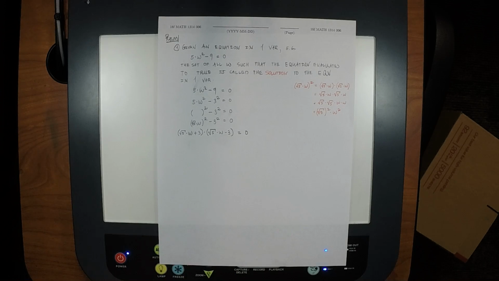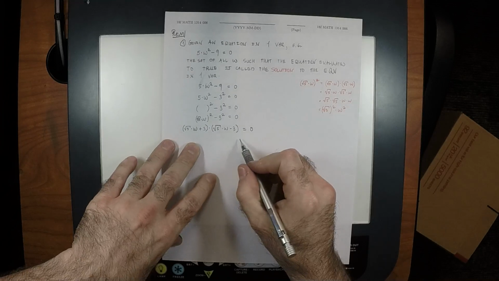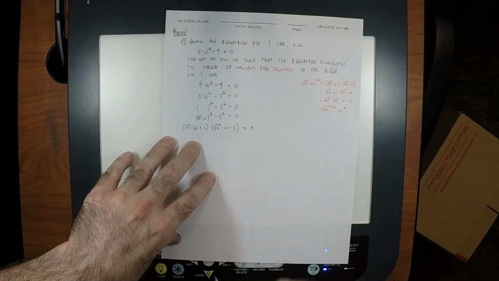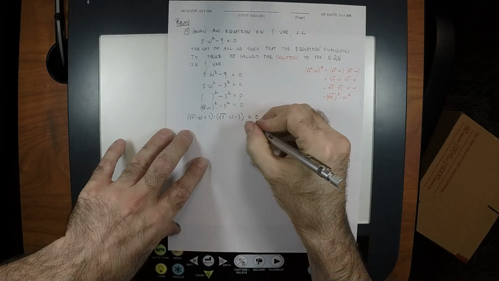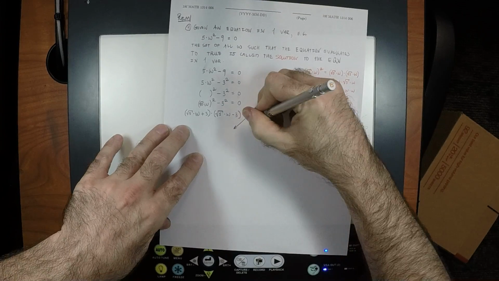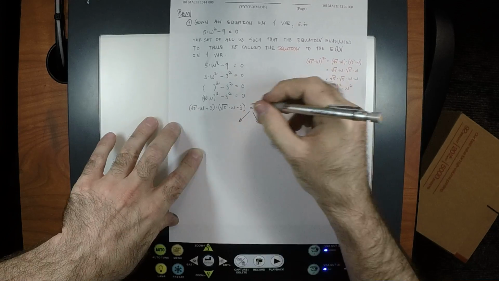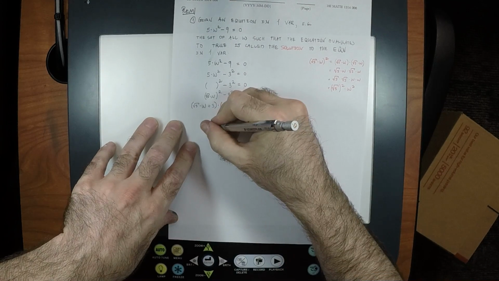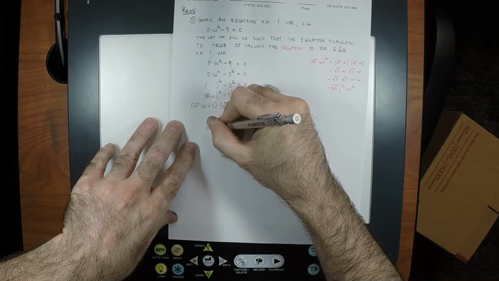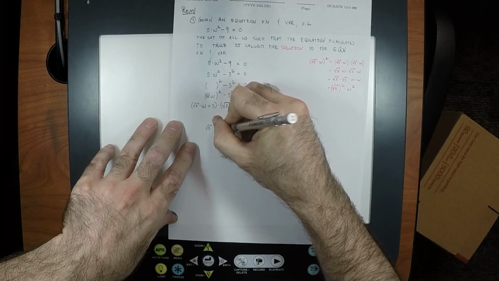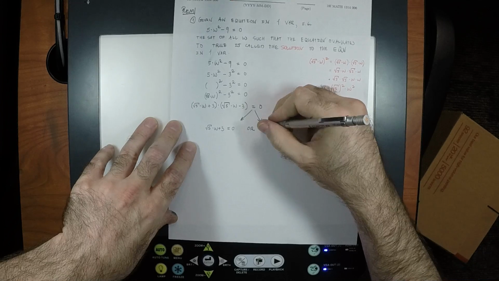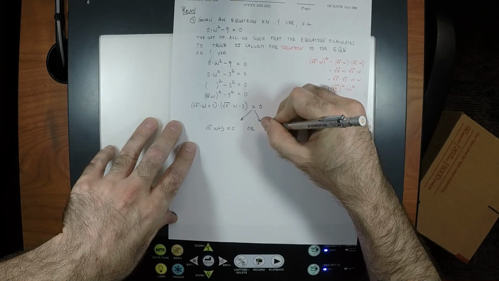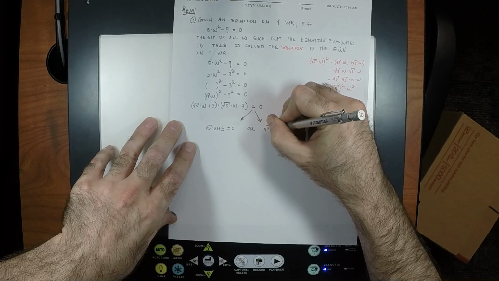So what I'm telling you is that this equation, to solve it, splits into two pieces. It is either the case that the first factor is 0, or it is the case that the other factor, the second factor, is 0.